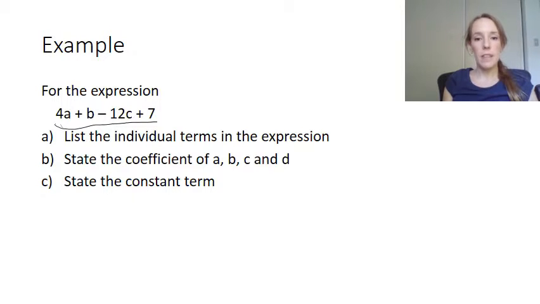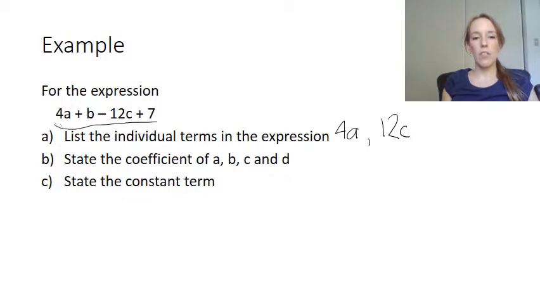So the terms in this expression are going to be 4a and 12c. Because we've got 4 multiplied by a and 12 multiplied by c. B isn't a term because there's no number there, and 7 isn't a term either because there's no multiplication there either, or division I should say.